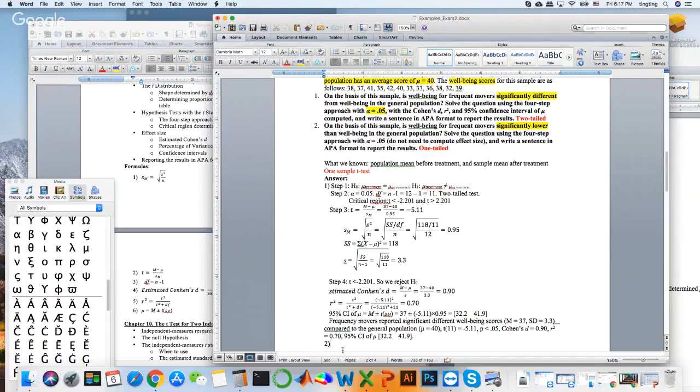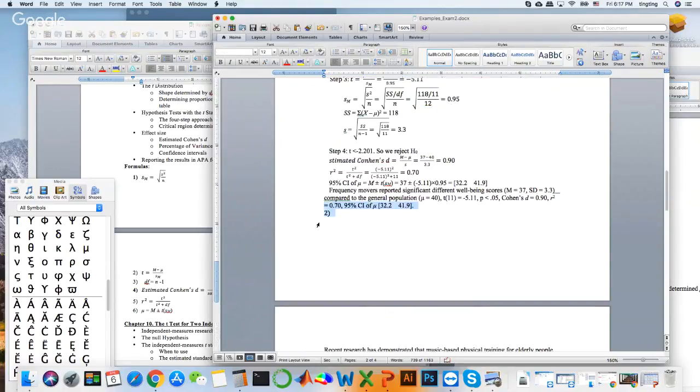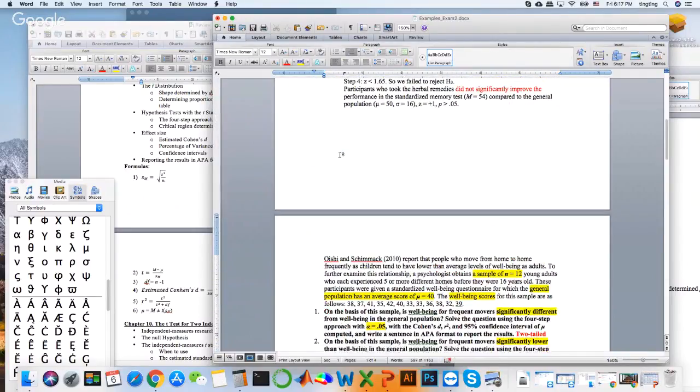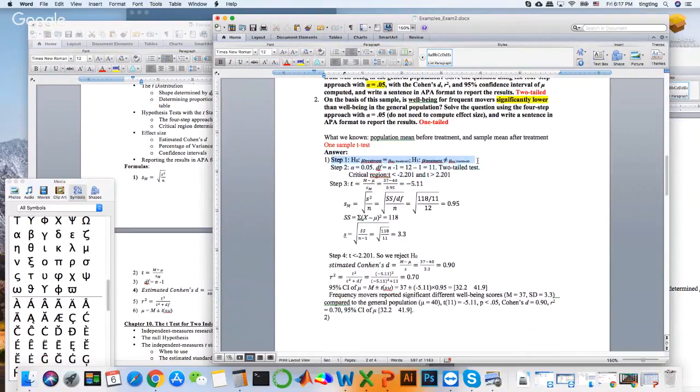And then let's start to solve question 2. Actually, it should be very similar. In question 2, we just need to perform the one-tailed test. Here, with the one-tailed test, the hypothesis is a little bit different. We are assuming whether or not the frequency mover has significantly lower well-being scores. So the alternative hypothesis will be the mu after treatment should be lower than the mu before treatment.